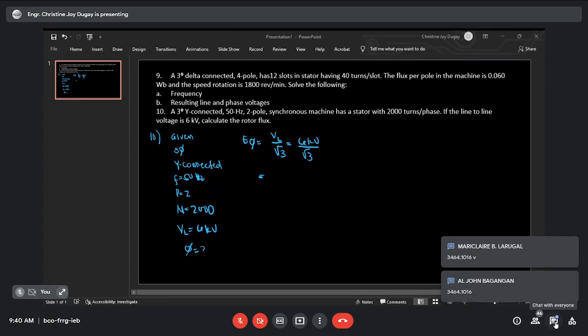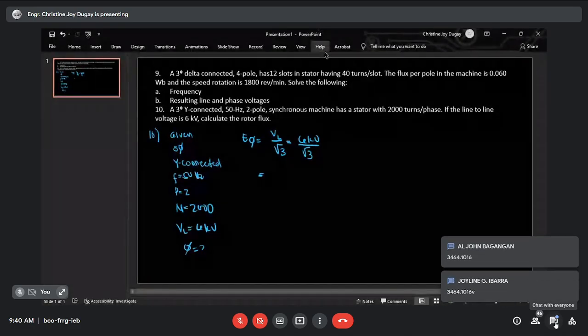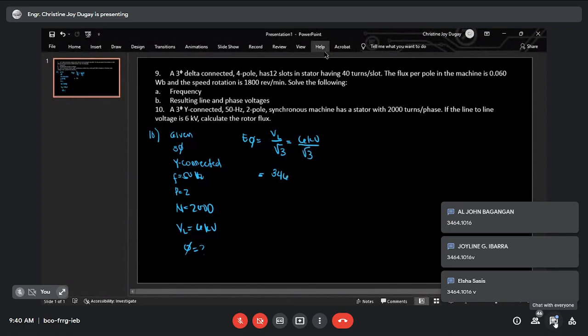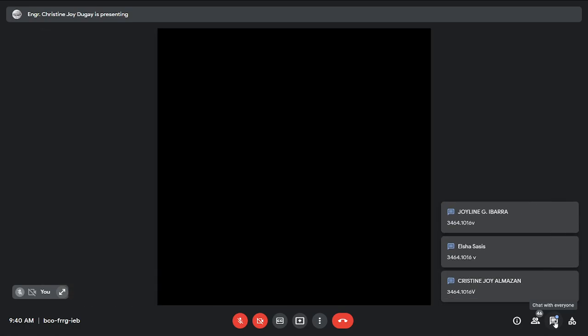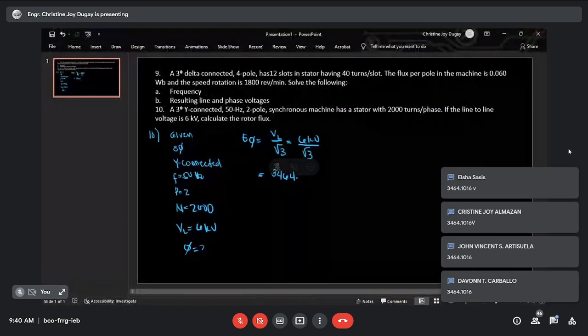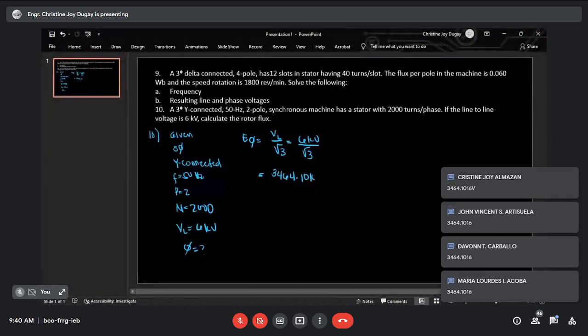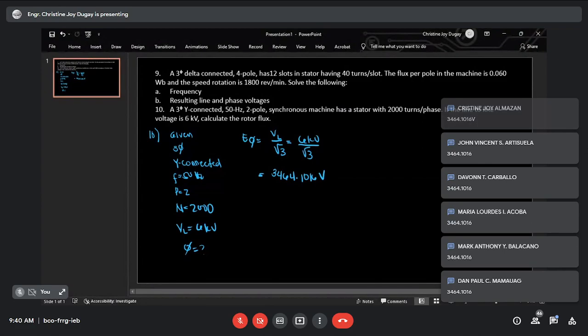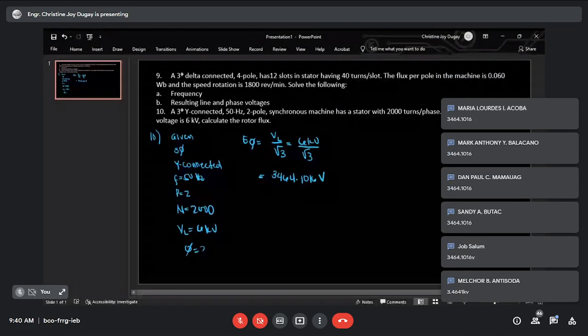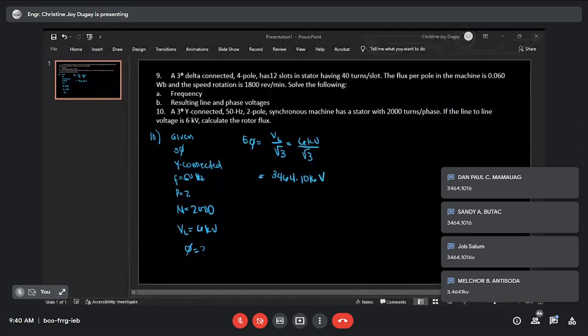So that is equal to 3464.1016 volts, no? After solving for the value of E phase, what are we going to do now?